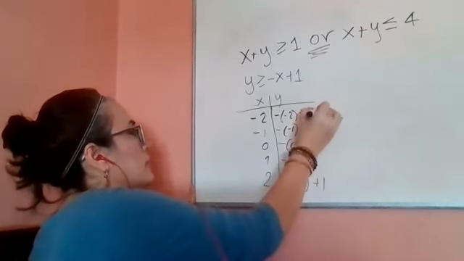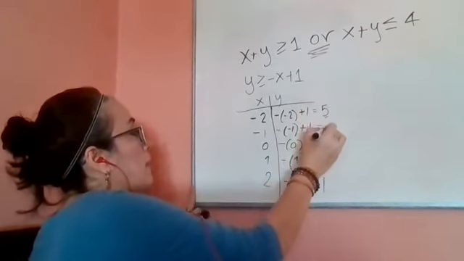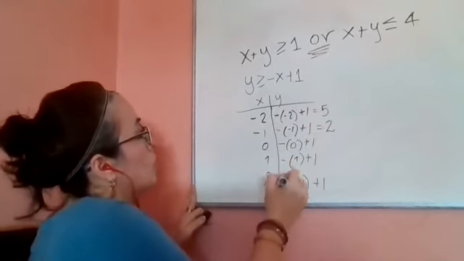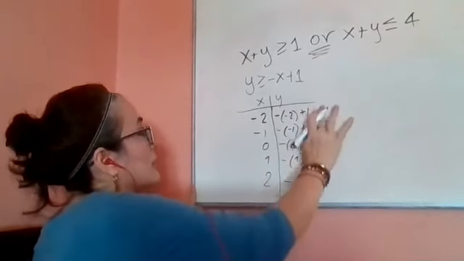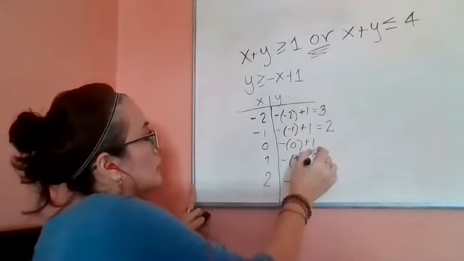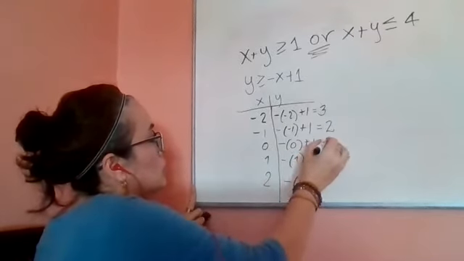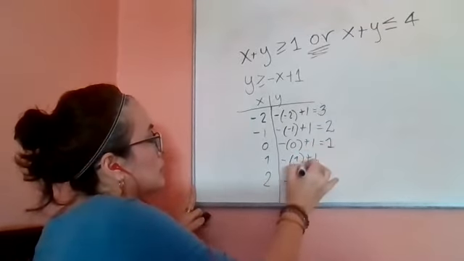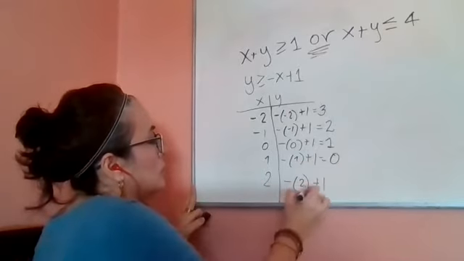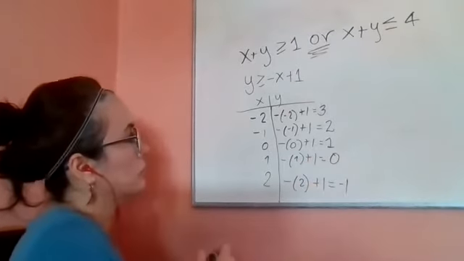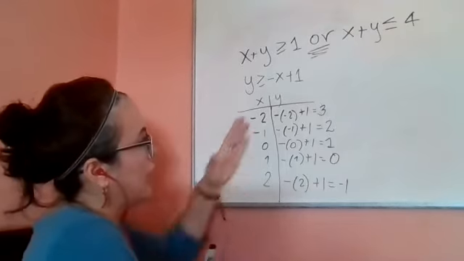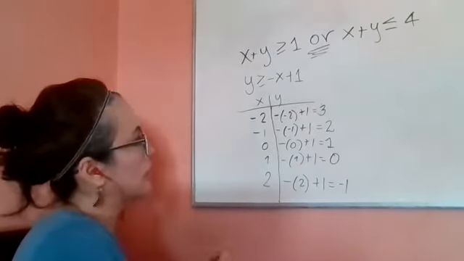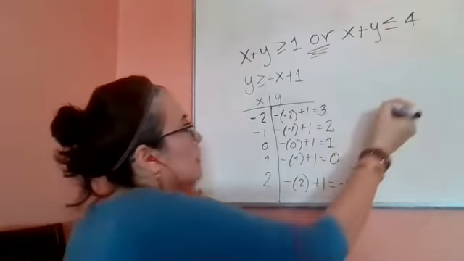What I get over here is 3, 2, 1, 0, and -1, right there. I have the table, and those are the values that I got. Let's do the graph.